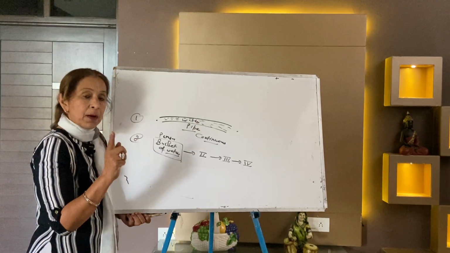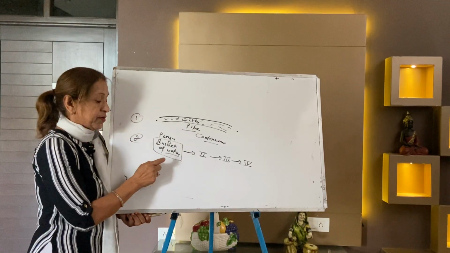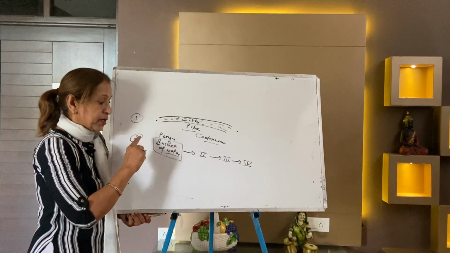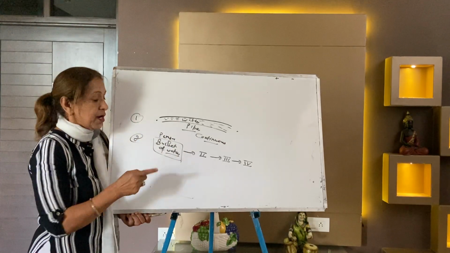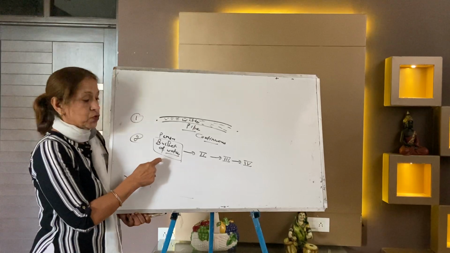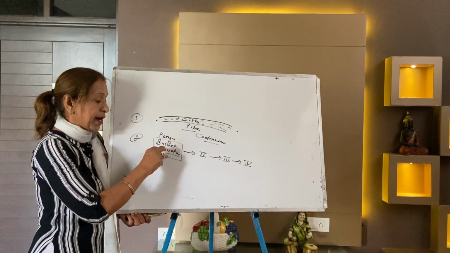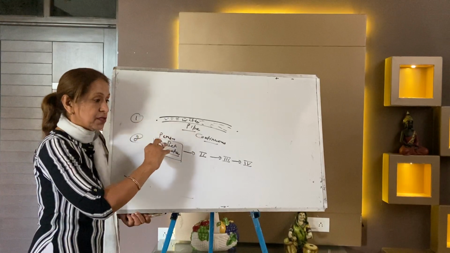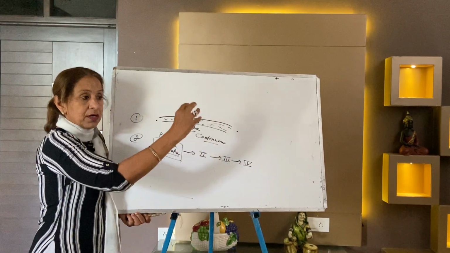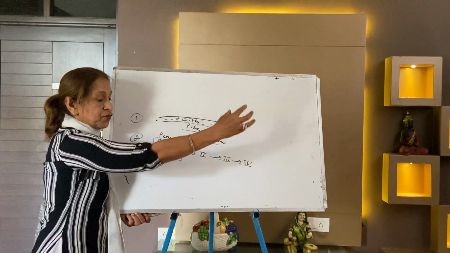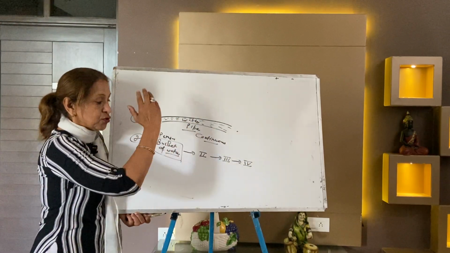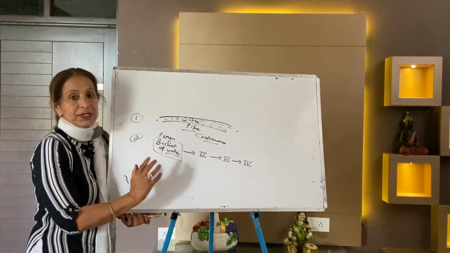So energy is always absorbed and emitted in a discontinuous manner. According to Planck, energy is absorbed and emitted in a discontinuous way. When one bucket full of water is given by one person to another, to the third, fourth, fifth, water flows from one place to another in a discontinuous way.